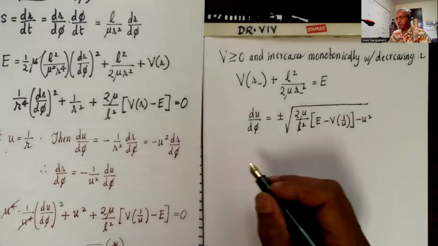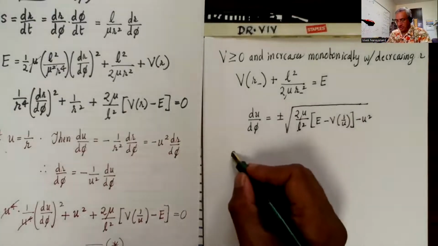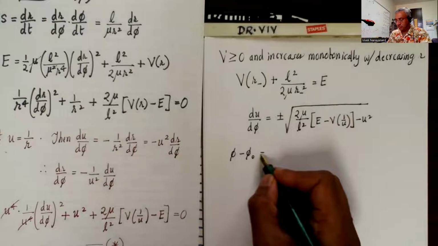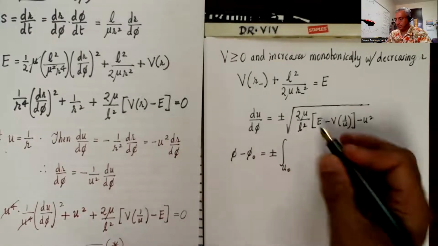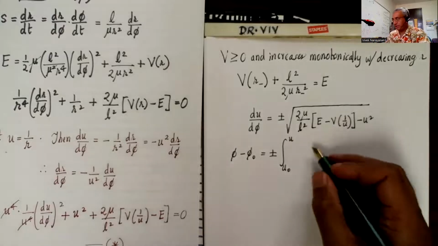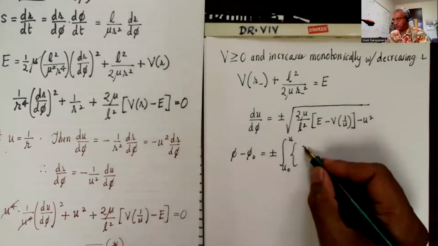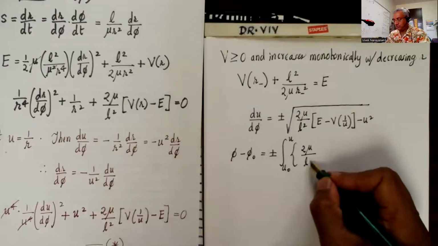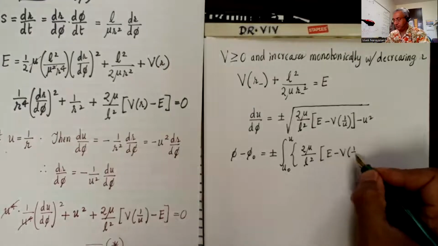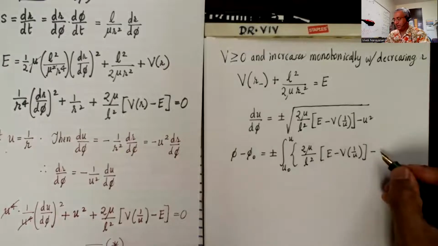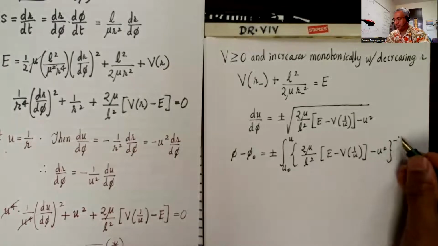And that can be immediately integrated. I get phi minus phi naught equals plus or minus the integral from this smallest value of U to the full value of 2 mu over L squared times E minus V of 1 over U, minus U squared, to the power minus half, du.